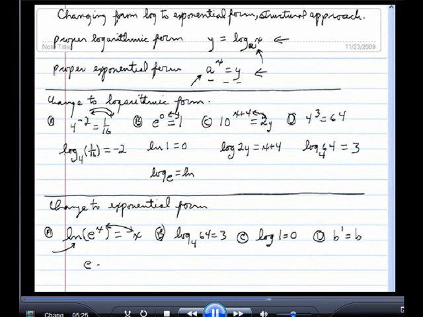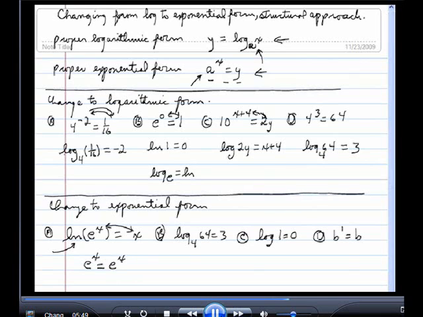So I'm going to have the base on the same side with the equal sign, and I'm going to be switching this. So the e to the x is going to go to the other side, and the x is going to become the exponent of e. So I'm just going to get e to the x equals e to the x. Kind of hard to dispute that.